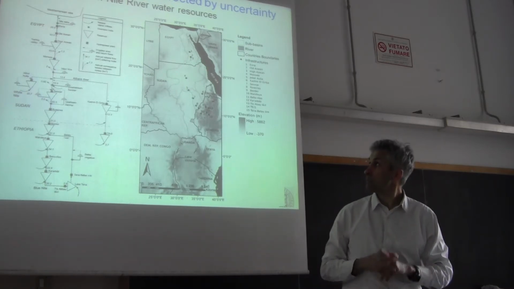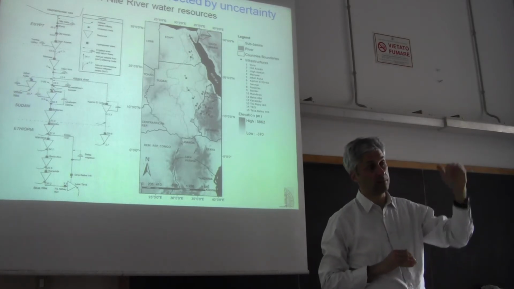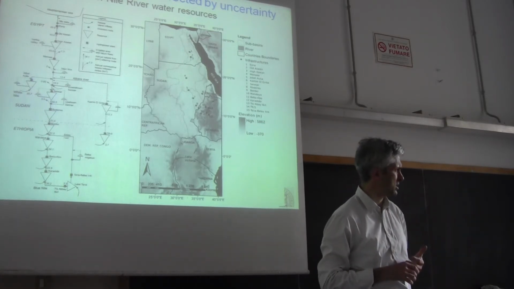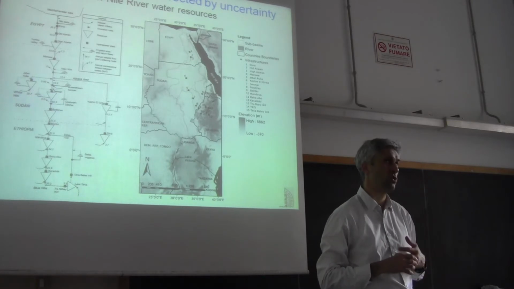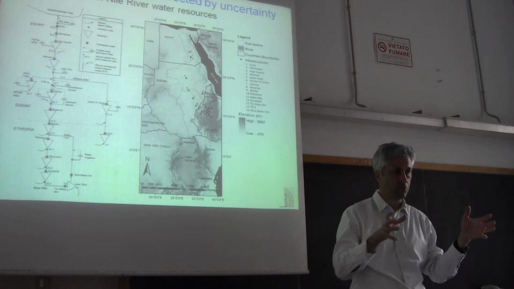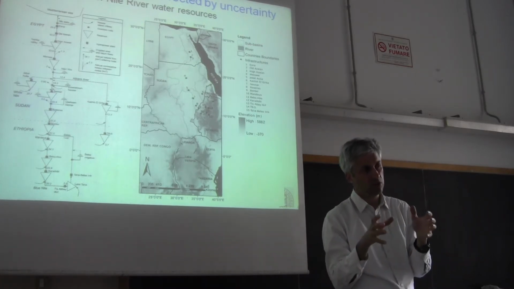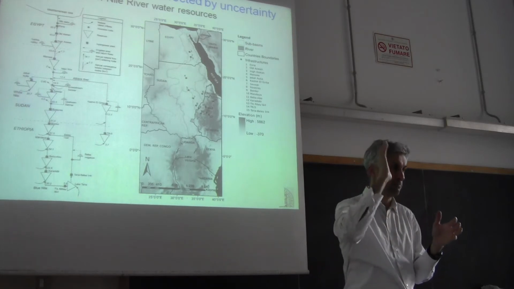And it was replaced by a higher dam around, I think it was at the end of the 40s, around 1950. Basically the first dam at Aswan was replaced after about 50 years by a higher dam.